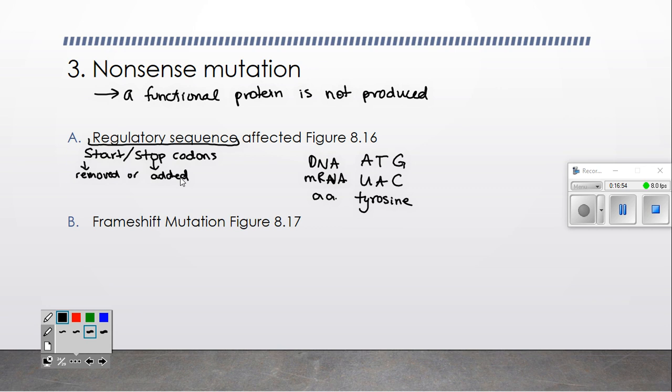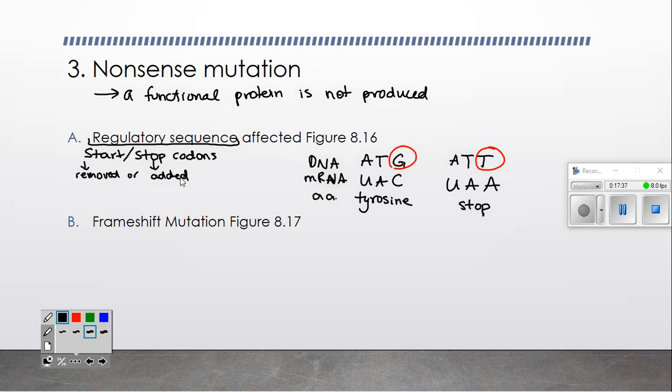Now, if we had a mutation that changed my DNA just slightly to A, T, T, so same thing that happened before, the G got changed to a T. My code becomes UAA, and that's a stop codon. So instead of producing an amino acid, I hit a stop. That means the ribosome is going to stop translation.